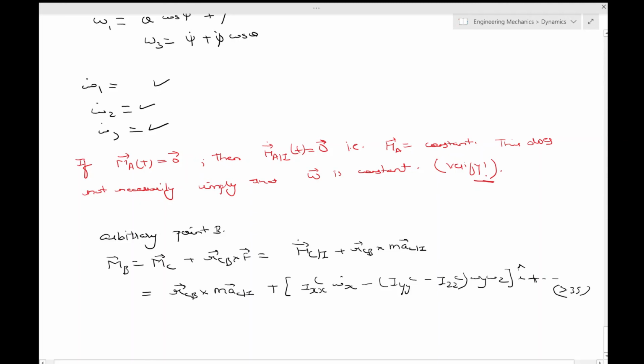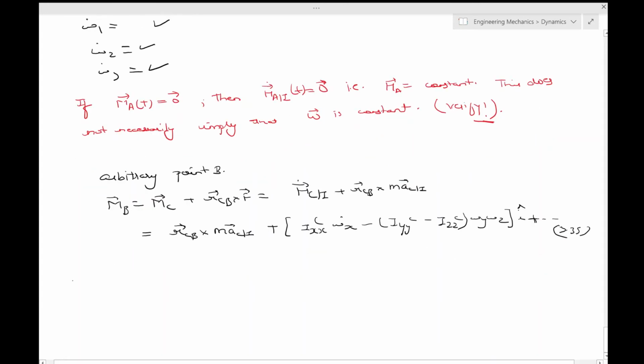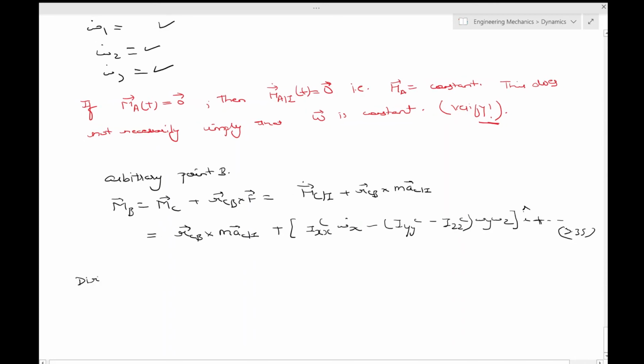Okay, let's now try to write direct equations of moment of momentum if I11 of A is equal to I22 of A. Okay, let's see what we can do with this.